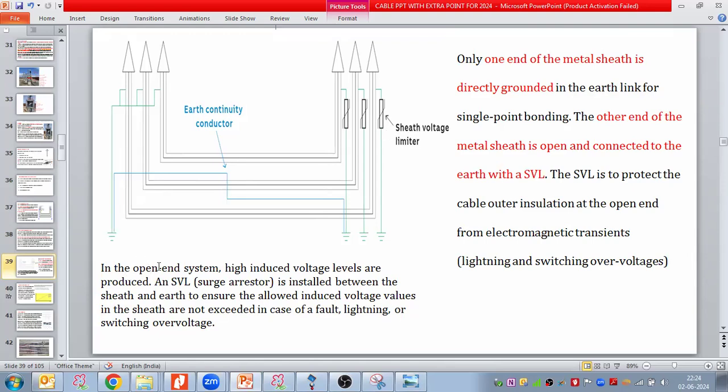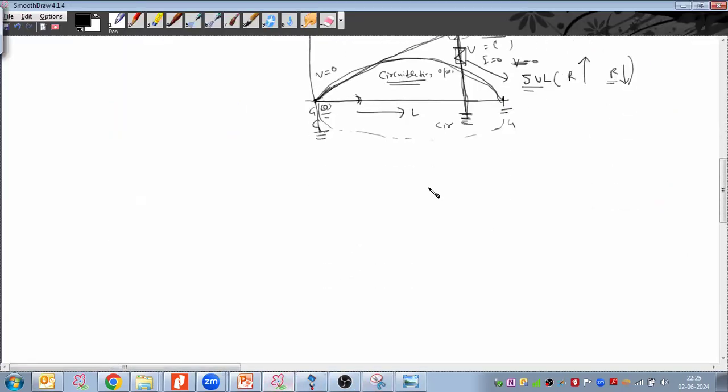So in the open end system, which is your single point bonding system, high induced voltage levels are produced at the open end. If I'm taking the voltage across the length, this is my open end.